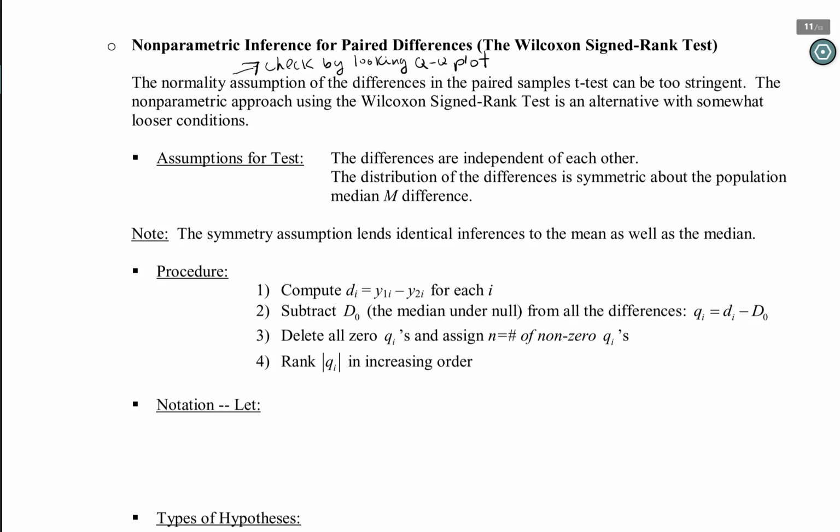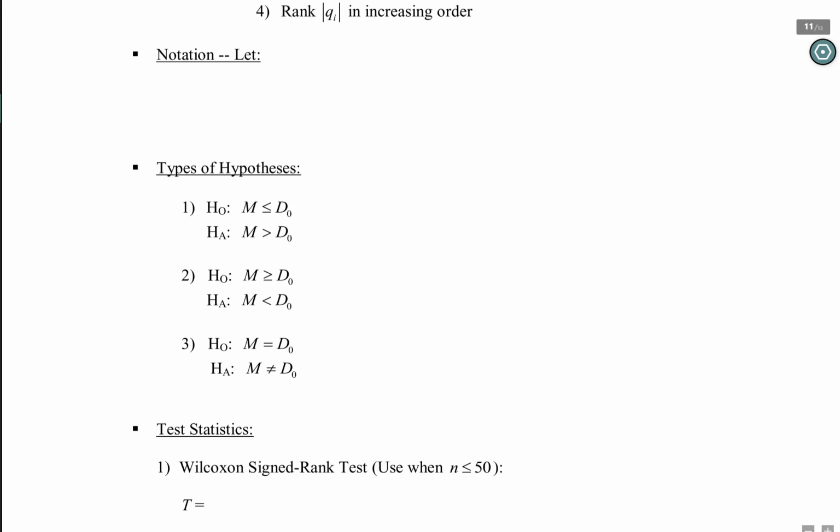The procedure for this test is as follows. You compute the differences for each pair. Then you subtract d naught from that difference. Now d naught here is the median under the null hypothesis. So under, say, this two-tailed test here, d naught is the value of the population median M under the null hypothesis.